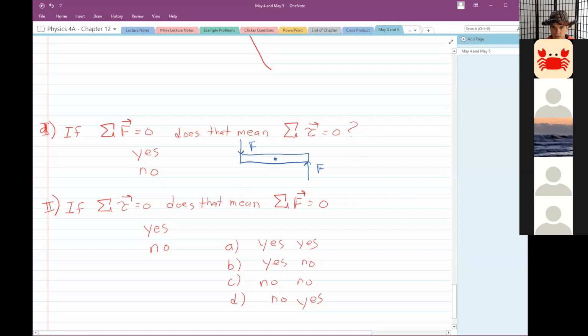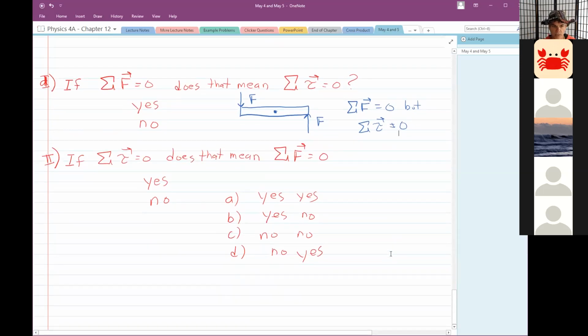In this case, if these forces are equal and opposite, the sum of the forces is equal to 0, but the sum of the torques is not equal to 0, right? Each one of these forces is tending to produce a counterclockwise rotation. So both of these forces produce a positive torque. So here's a case where the sum of the forces is 0, sum of the torques is not.